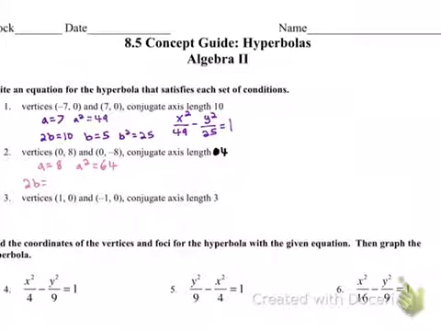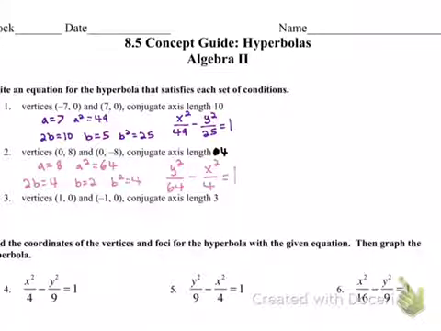I changed the conjugate axis length to 4 here so I get a better number. Remember, the conjugate axis length, the entire length, is 2b. So 2b is 4, b is 2, and b squared is 4. So I have y squared over 64 minus x squared over 4 equals 1.